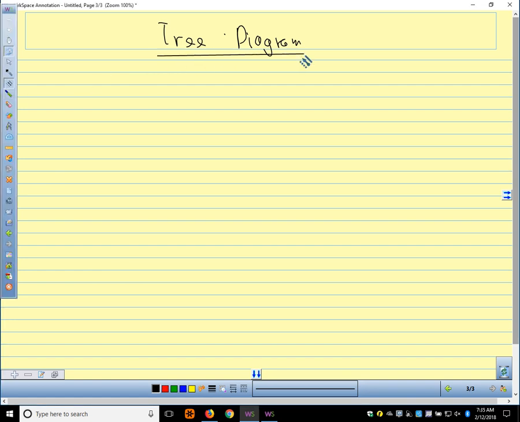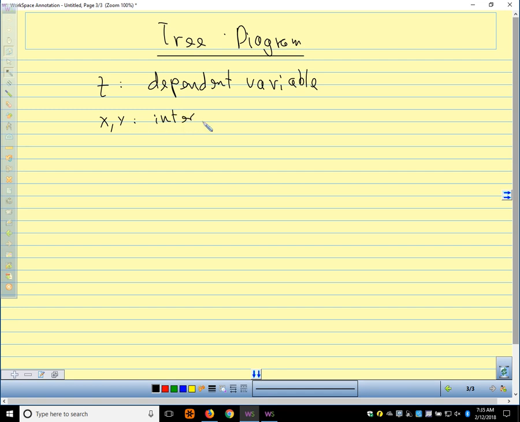So we're saying for all of these, whether or not we're talking about a tree diagram, we call z the dependent variable. x and y are called the intermediate variables. And s and t are the independent variables.